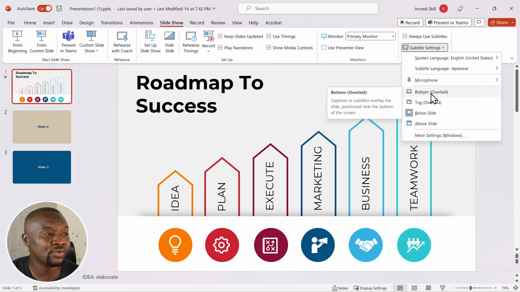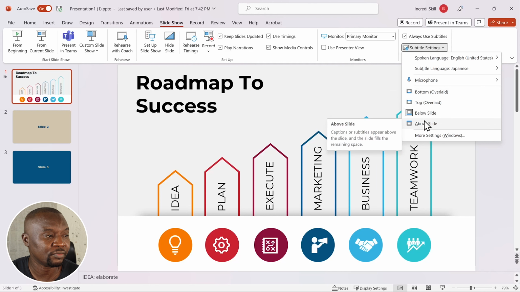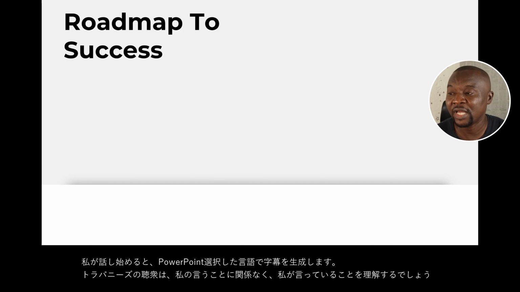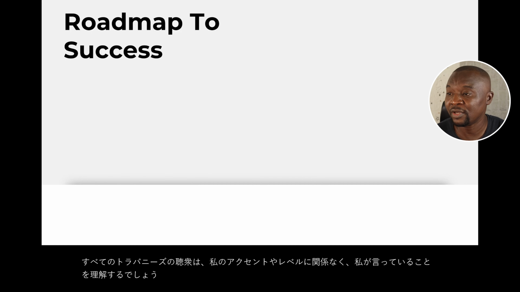You can also choose to display the subtitle on the bottom, top, below, or above the slide. Let's run slideshow. Once I start talking, PowerPoint generates subtitles in the language we selected. Our Japanese audience would understand what I'm saying irrespective of my accent or their level of English, thanks to subtitles.